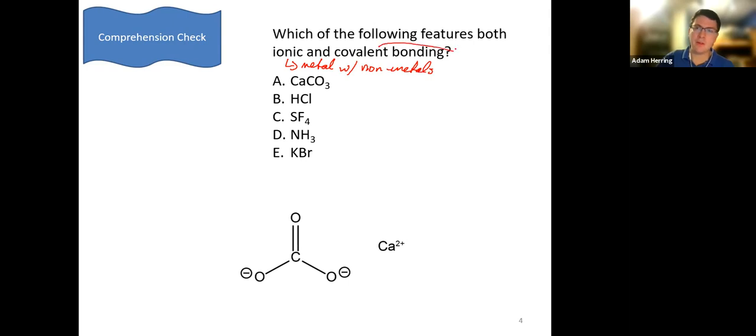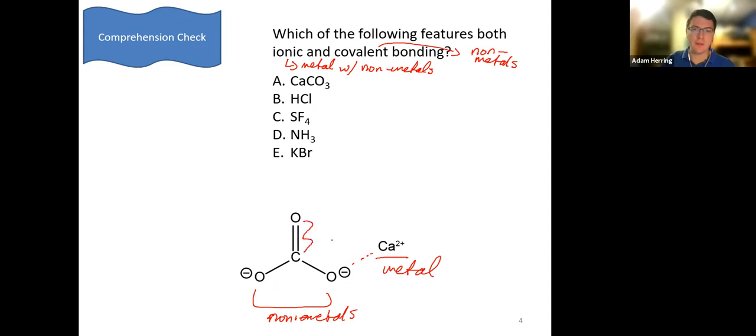In order to have covalent bonding, we need to have at least 2 nonmetals bound to each other. So when you look at calcium carbonate, we have the calcium ion, which is a metal, and the carbonate anion, which is a group of nonmetals, and therefore there exists an ionic bond between them.